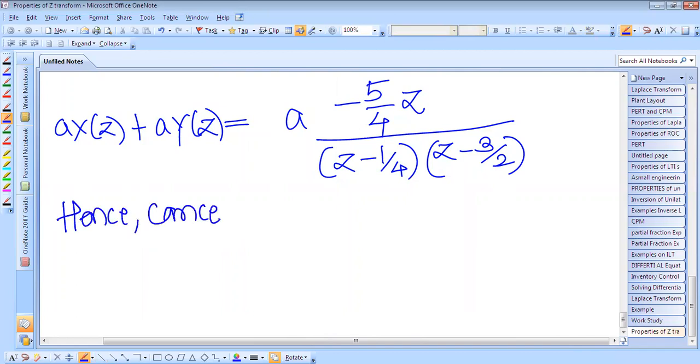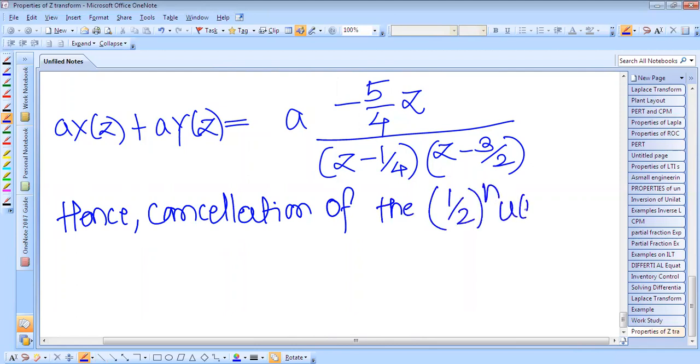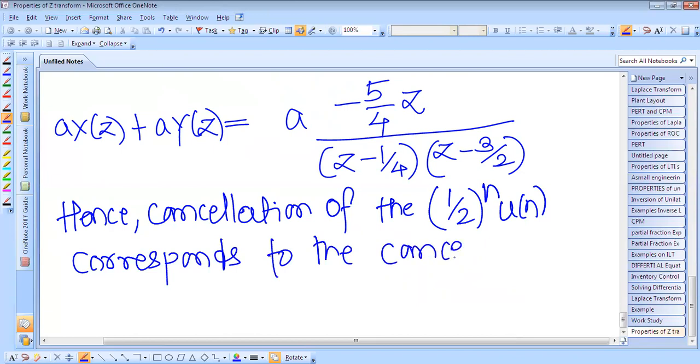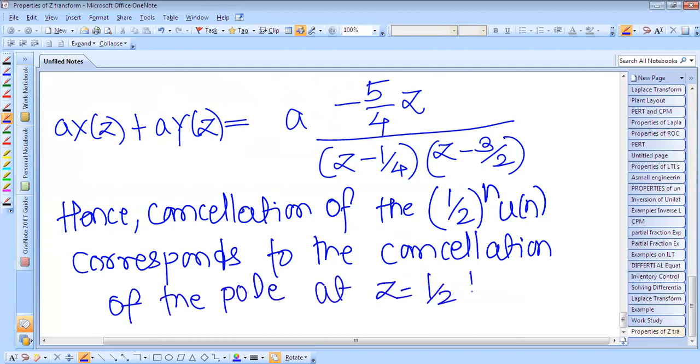And hence the cancellation of the half raised to power n u of n terms in the time domain corresponds to the cancellation of the pole at z equal to half by a 0 in the z domain.